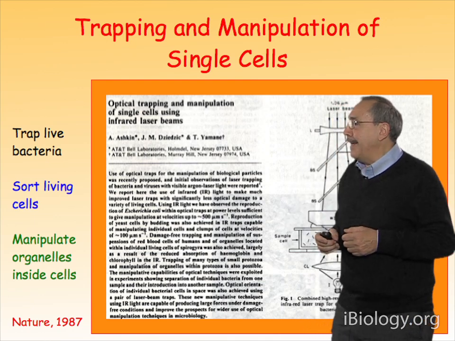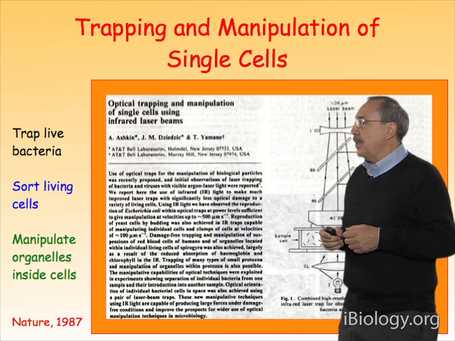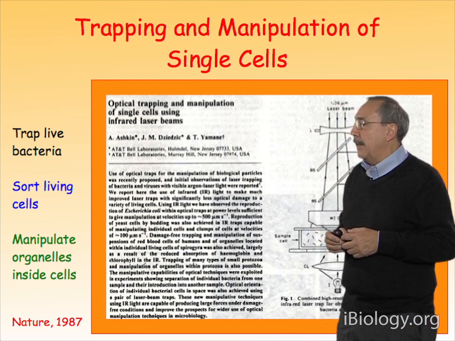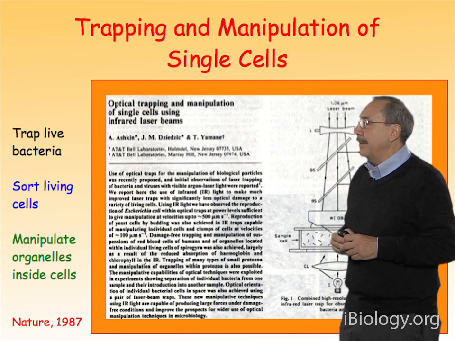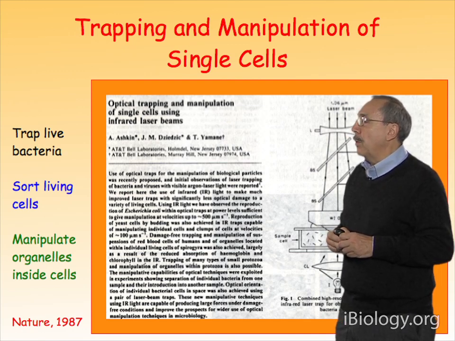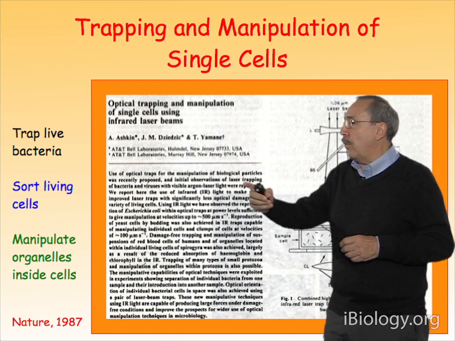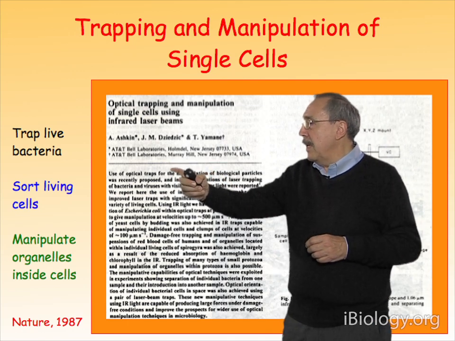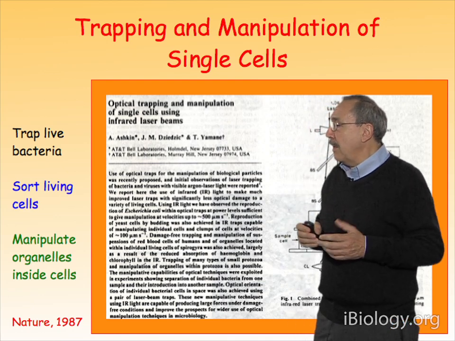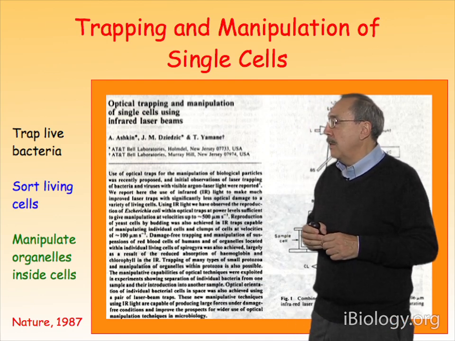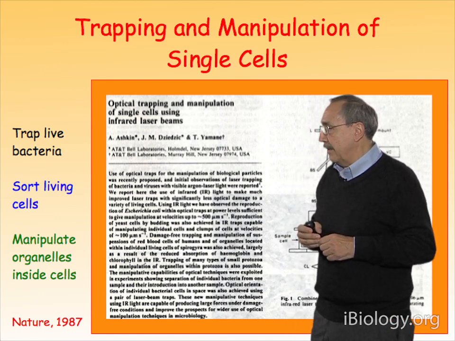Later on, in 1987, Ashkin continued developing the idea of the optical trap, in this case with the idea of using the optical tweezers to trap and manipulate single cells. And so they were able to show that they could trap live bacteria, sort living cells from non-living cells, and even manipulate organelles inside the cells.